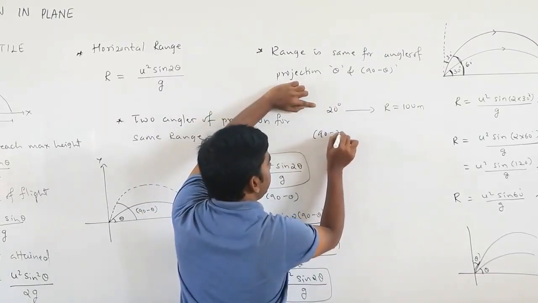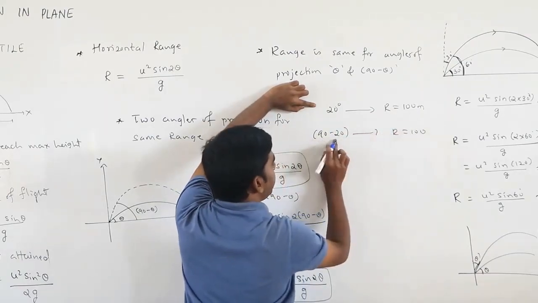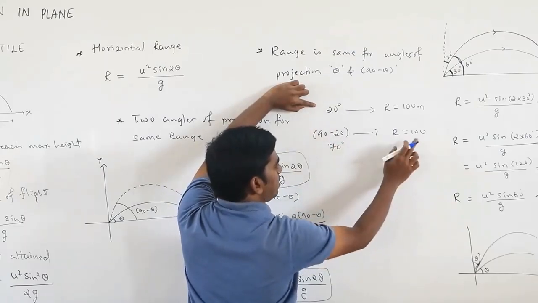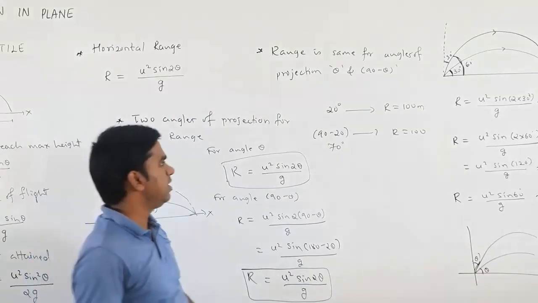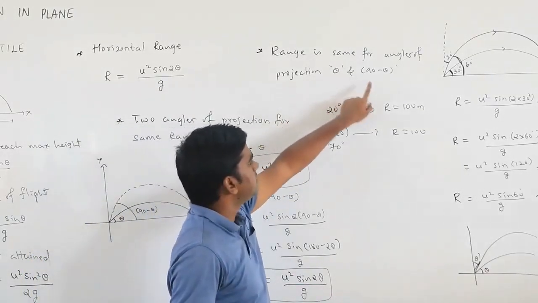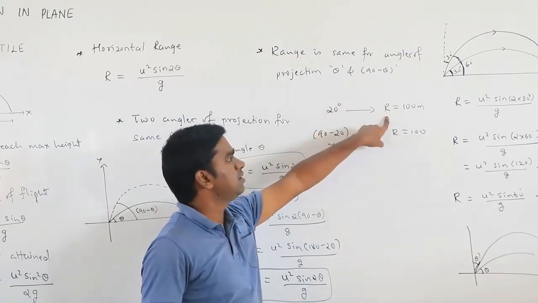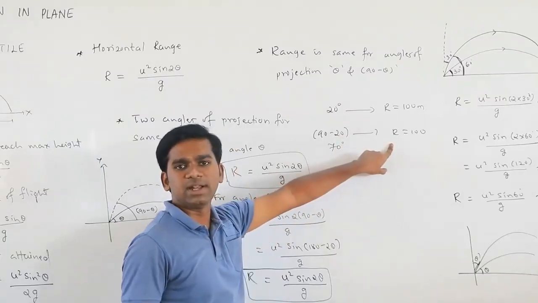For 90 minus 20, the range is what? 100 only. 90 minus 20 means 70 degrees, so for 70 degrees also the range is 100 only. Are you getting what exactly it means? For theta and 90 minus theta the range is the same. If for 20 degrees the range is 100, for 70 degrees also the range is 100.